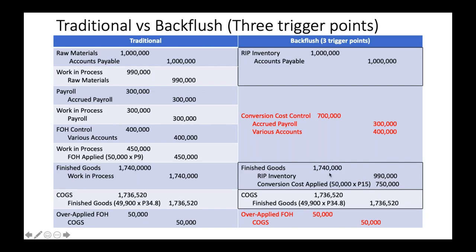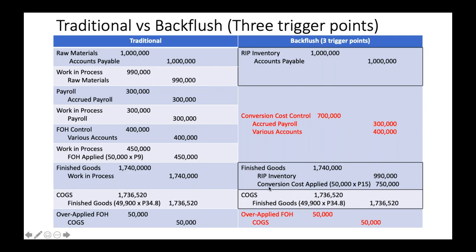Okay, upon sale, that's another trigger point. We will do an entry, debit cost of goods sold, 1,736,520. How did we get this? That's 49,900 times 34.8, and then credit finished goods. And then after doing these three entries, we will now be flushing back the cost.